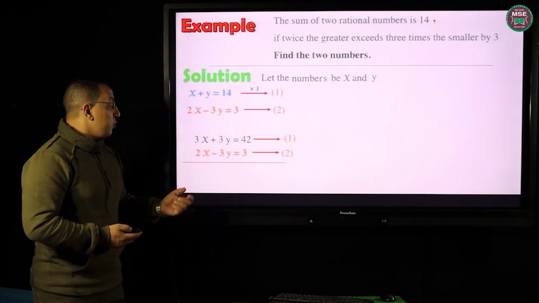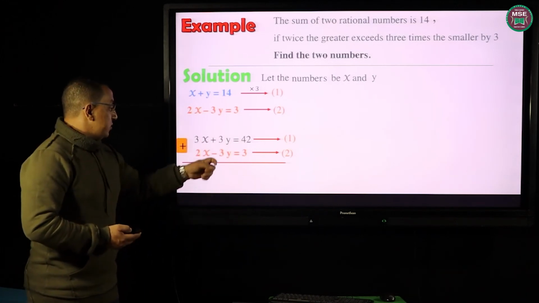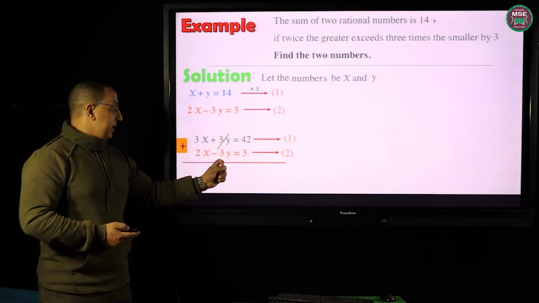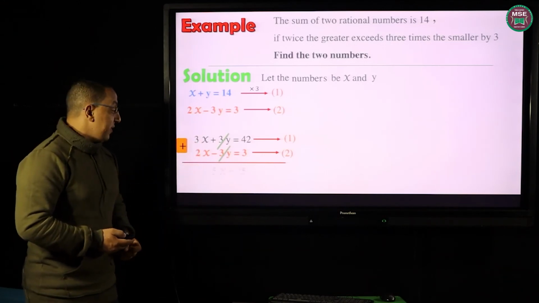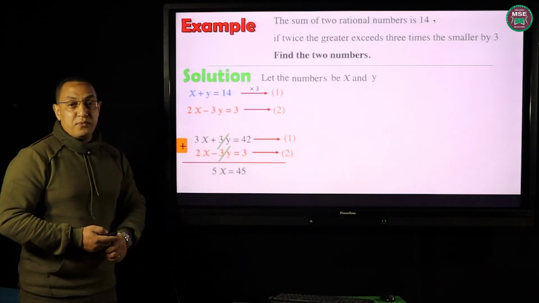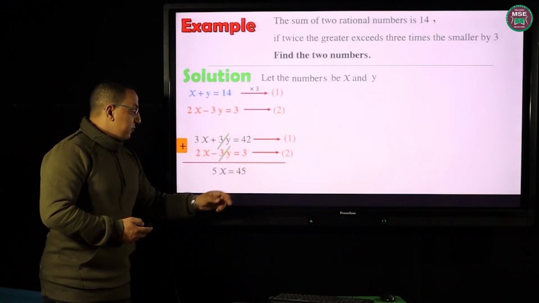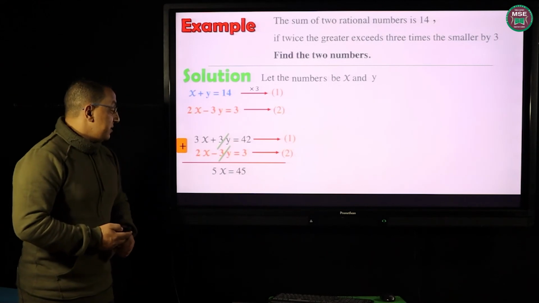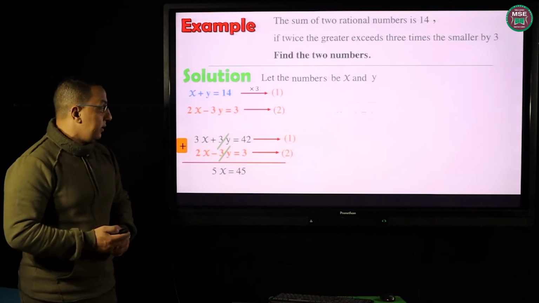And now I'm going to add the two equations to omit y. So it will be negative 3y plus 3y equals 0. 3x plus 2x equals 5x. And 42 plus 3 equals 45. Now I'm going to send 5 to the right side with division. So x equals 45 divided by 5 equals 9.